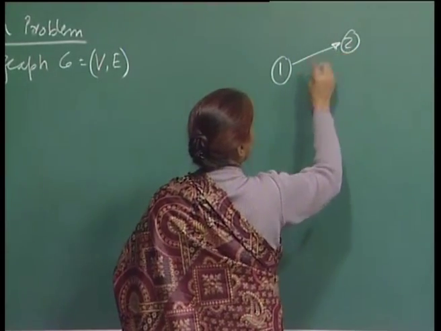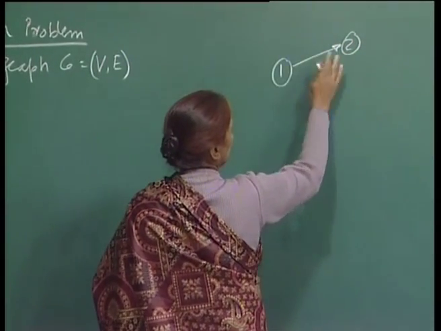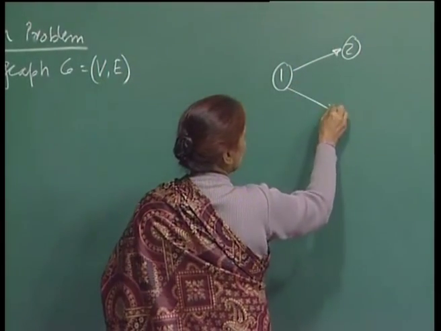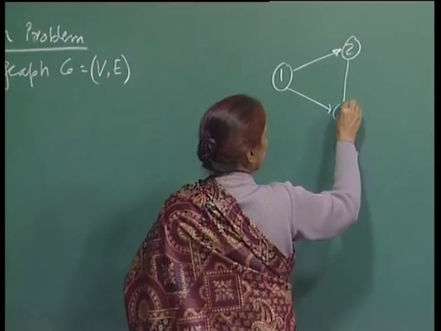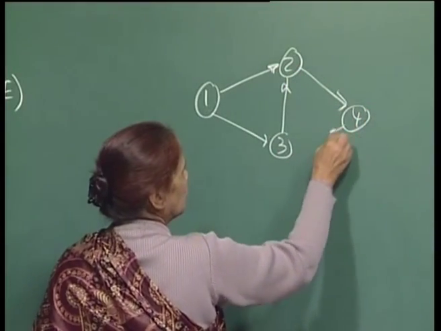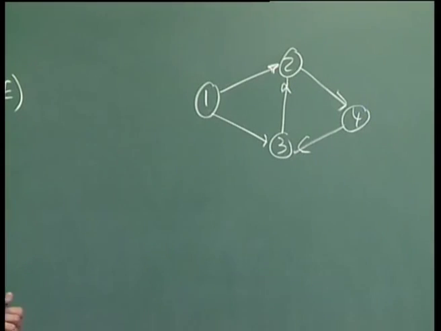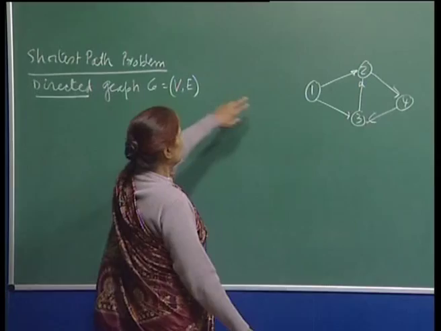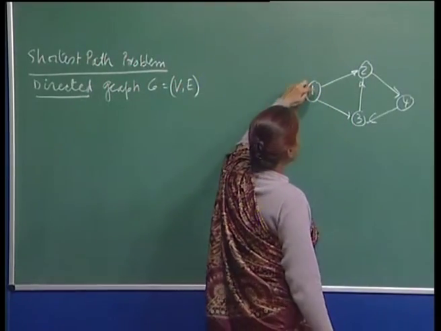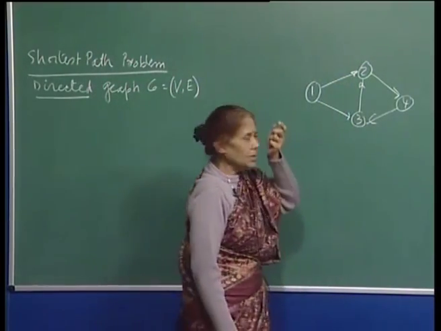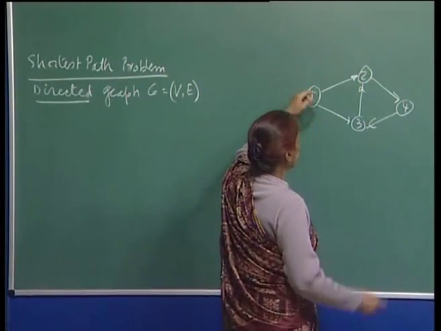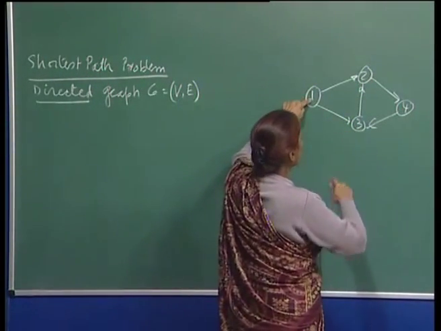So, from 1 to 2, you cannot go from 2 to 1 through this edge, or the arc, as we call it. Similarly, you have others like this. So, this is the directed graph where the nodes are 1, 2, 3, 4, and the edges you will write down as 1, 2. There can be many ways of writing down the edges. I do it through the starting node and the ending node.